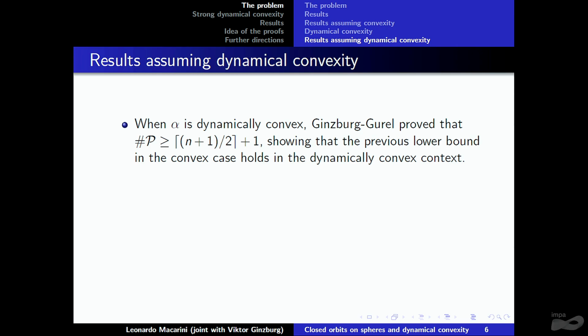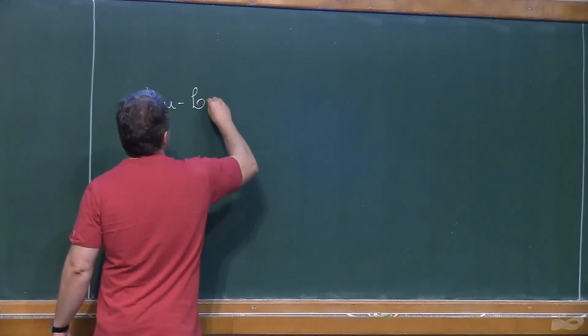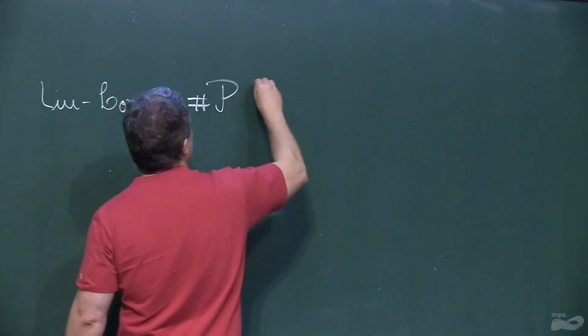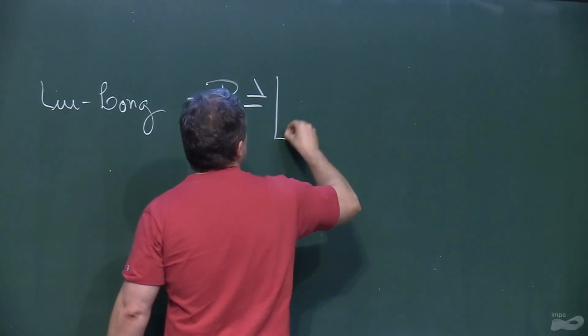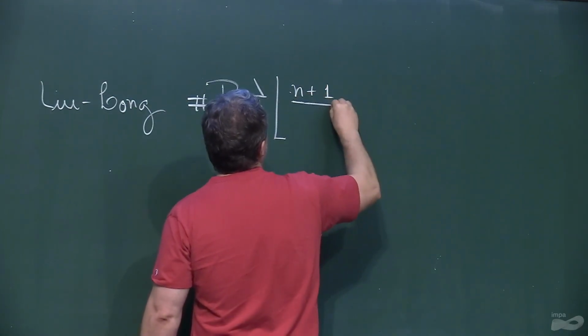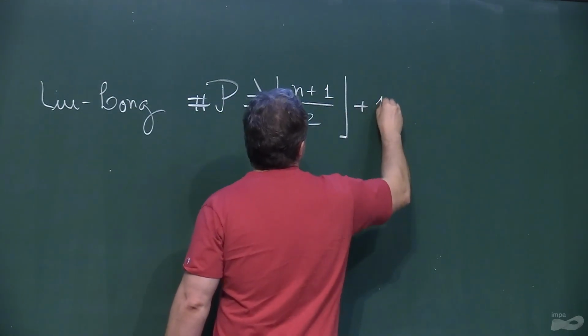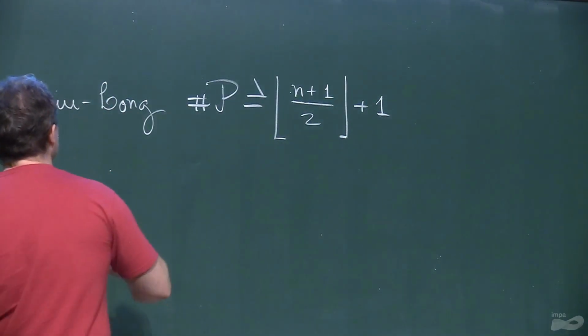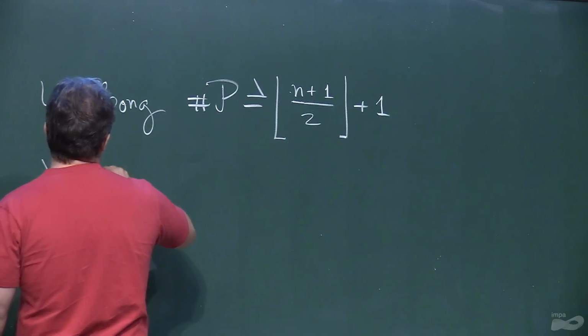And it turns out that the lower bound that I mentioned before in the convex case, remember that I mentioned that Long and Zhu proved that in the convex case you have at least the floor of (n+1)/2 plus 1, and Wang improved this result.